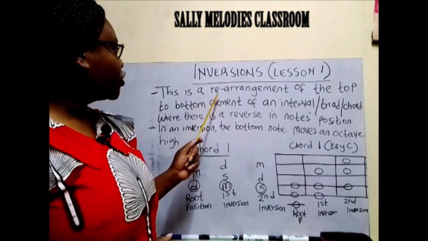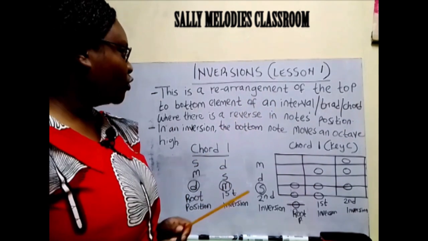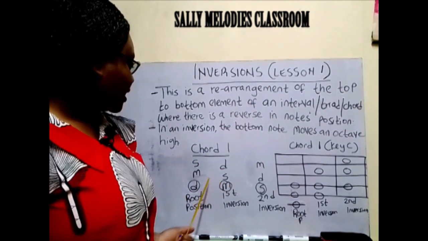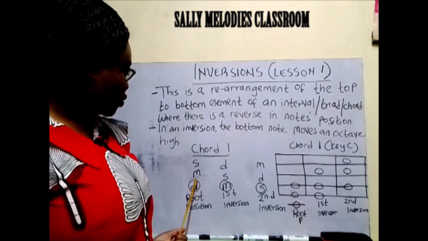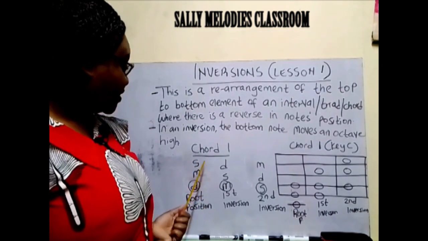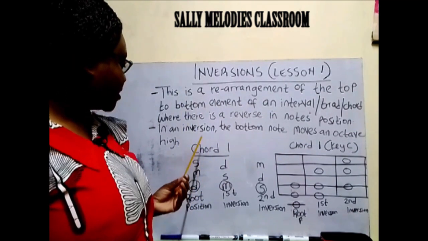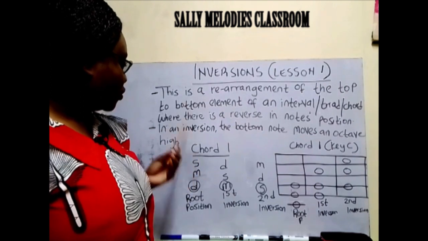Now, when we talk about a rearrangement of the top to bottom element of an interval, we talk about this arrangement, this one. This is a triad, and then we could be having a chord if there were other notes on top.